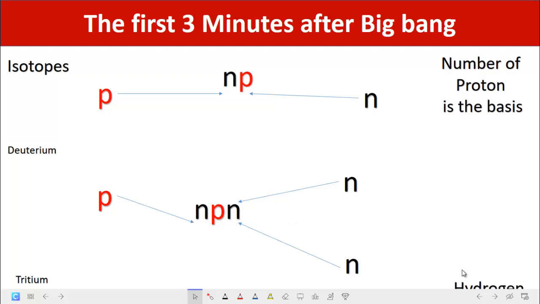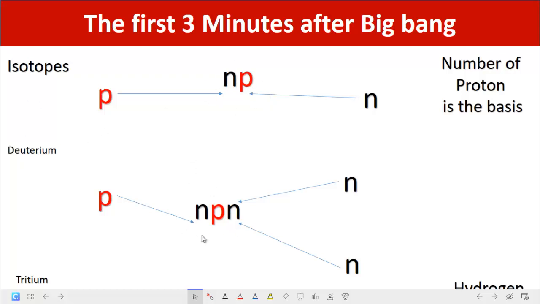So the naming of the element depends on the number of protons. For example, this is one P. So one P, no matter how many N, as long as there is one P, that is our basis for naming. So for example, one P, we call that hydrogen. But this one, since two particles combined, we call that deuterium or deuteron. And this is called hydrogen deuterium.